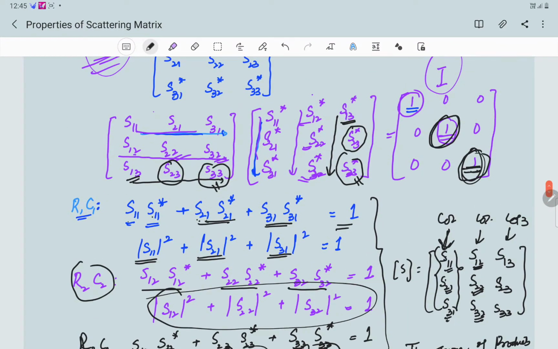Now what about the non-diagonal elements, this and this? Say for example I multiply R1 with C2, I'll get a non-diagonal element. I multiply R1 with C3, I'll again get a non-diagonal element. So let us do that as well.